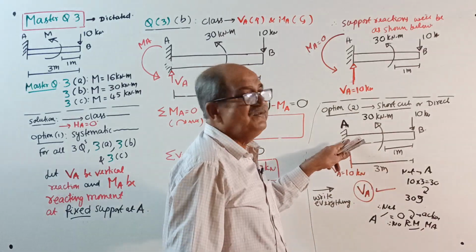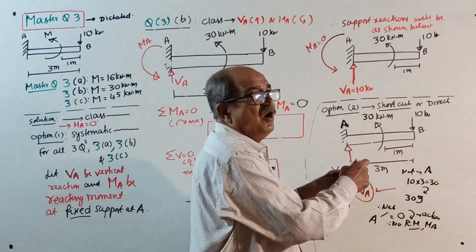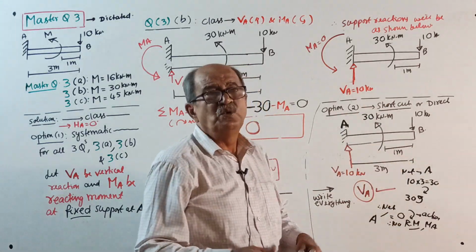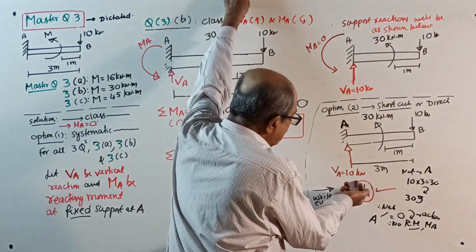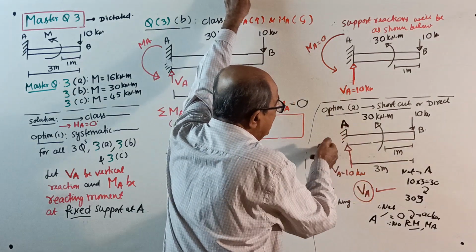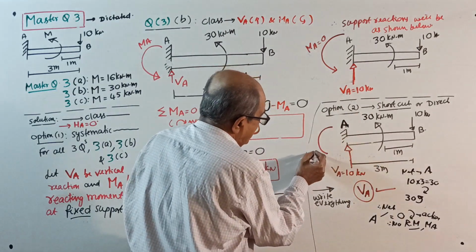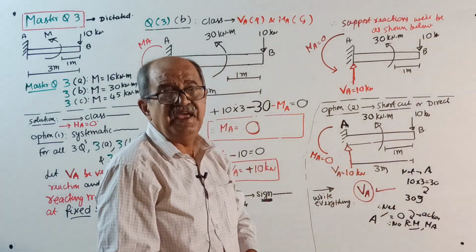Why? Because there is no tendency of the loading on the beam to rotate the beam about A. So when there is no action, reaction is 0. So in this question, only vertical reaction, reacting moment 0. If you are that much eager, right here, MA equal to 0. Over. It is a special case.